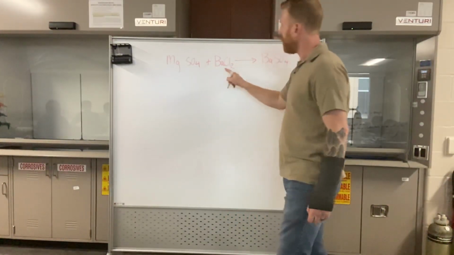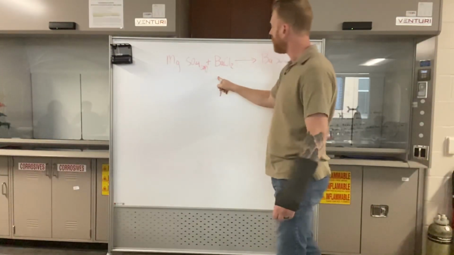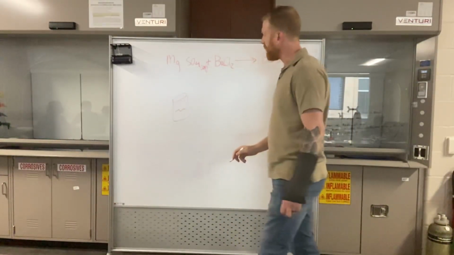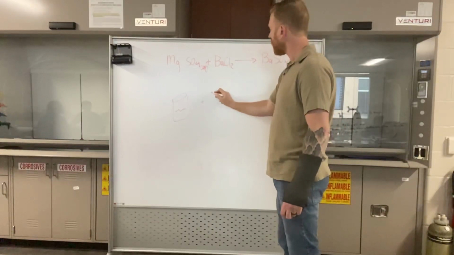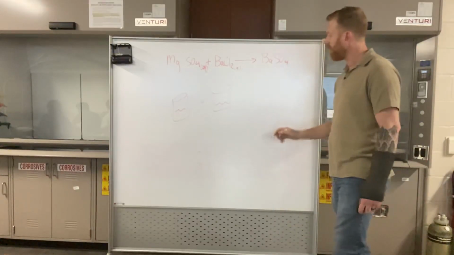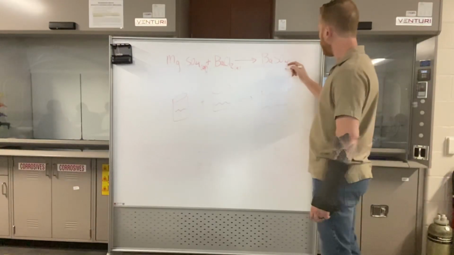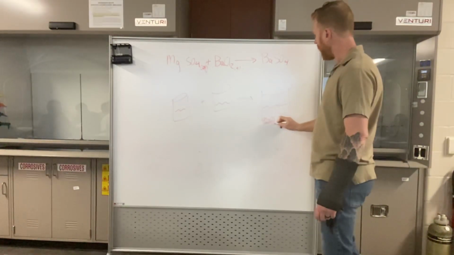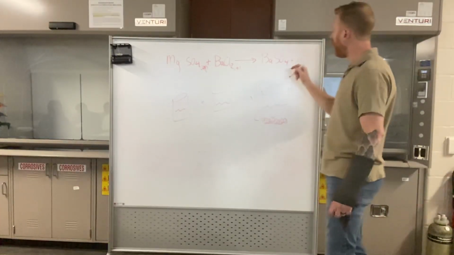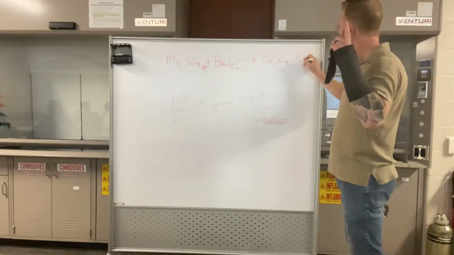If we dissolve this in water, we have an aqueous solution of magnesium sulfate. I'm going to draw that here. Magnesium sulfate. And we make another little solution of barium chloride, aqueous because it's dissolved in water. If we mix these in a bigger beaker, you'll have barium sulfate at the bottom. And what else is going to be in there with it? Magnesium chloride.